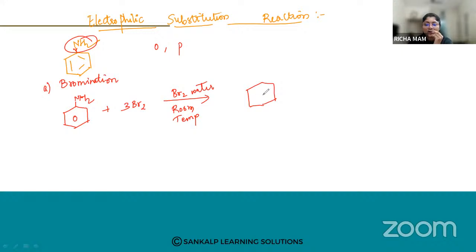It gives you a white precipitate of 2, this is the 4 position, and this is the 6 position. So 2,4,6-tribromoaniline.